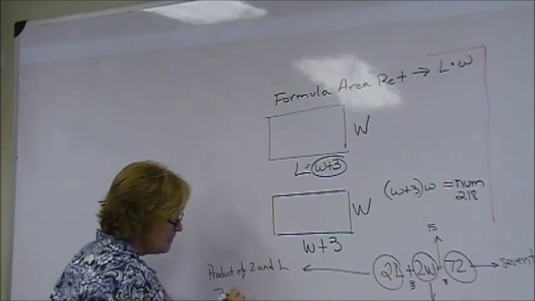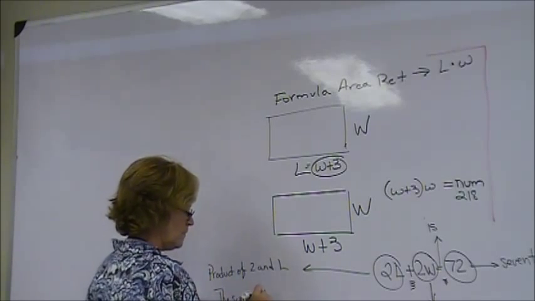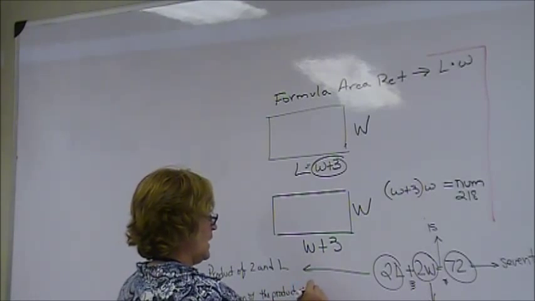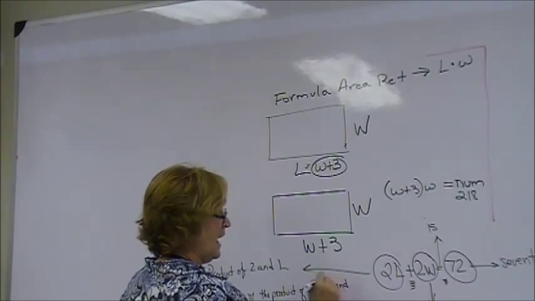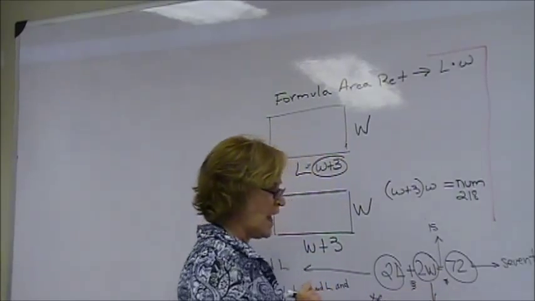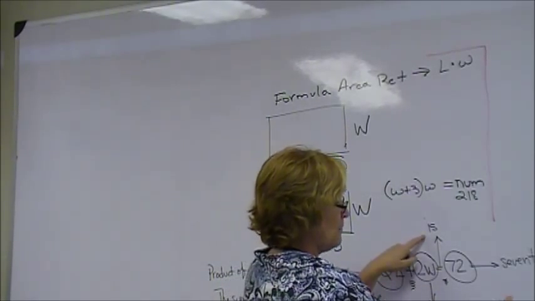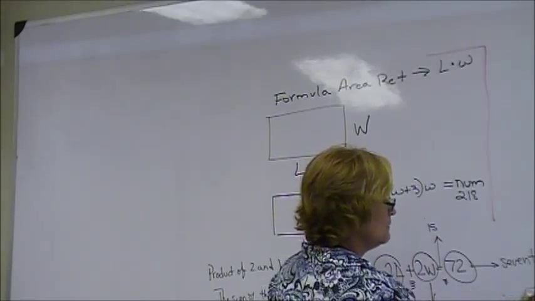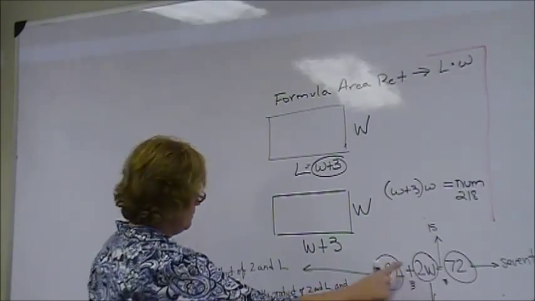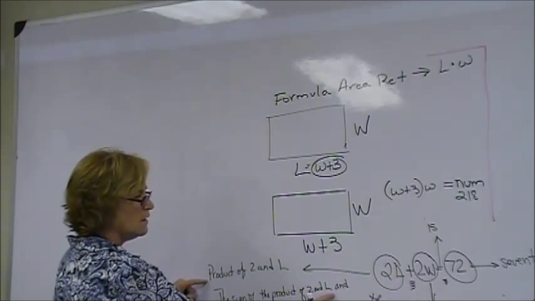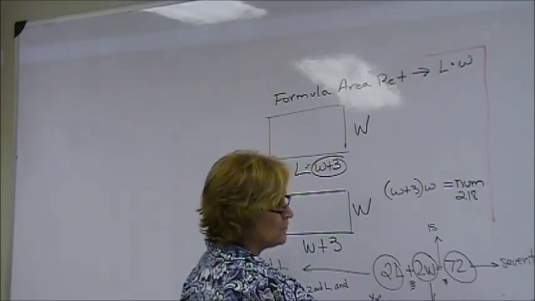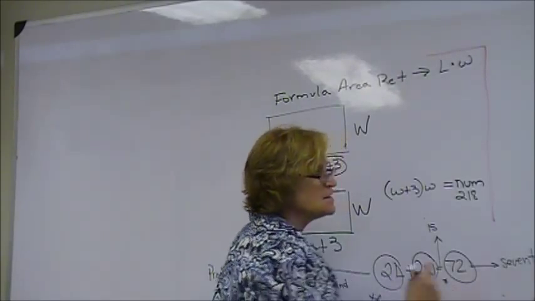The sum of the product of 2 and L and, watch this, the product of 2 and W, let's pick this word up, is, and what is it? It's 72. So the sum, which is that transition, of this part, 2 and L, and the product of 2 and W, transition, is 72.